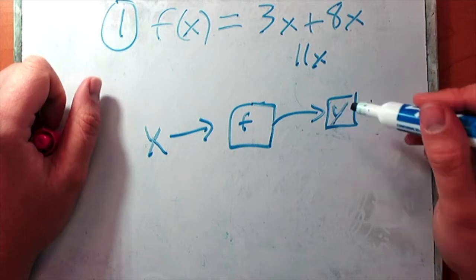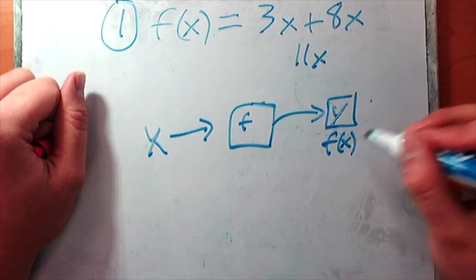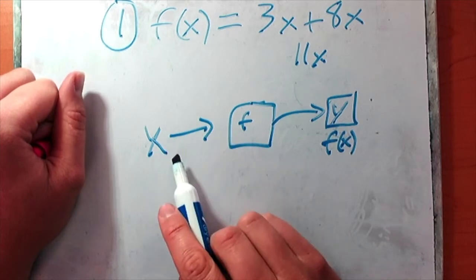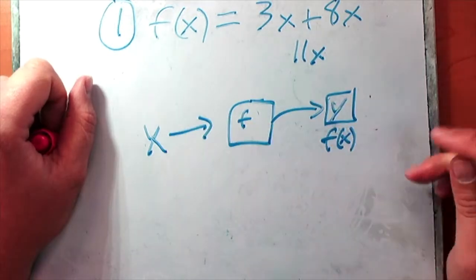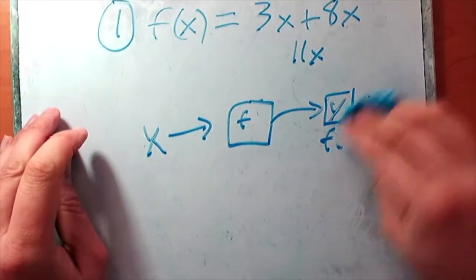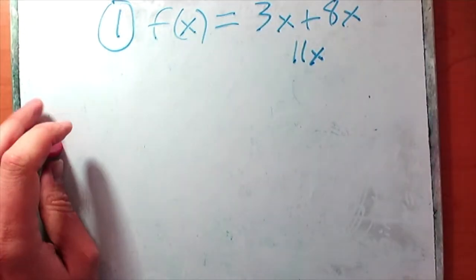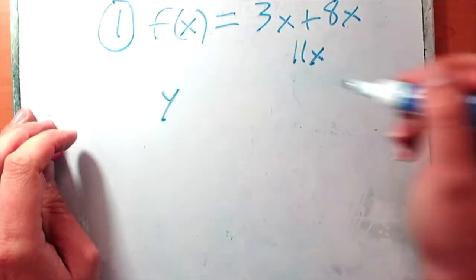But y is now being called f of x. It's kind of like saying I f'd the x here. So I took the box and I did the f to the x. Other than that being kind of awkward to say and maybe offensive, that's kind of what you're doing. So whenever you see f of x, it's easiest to just replace it with y.